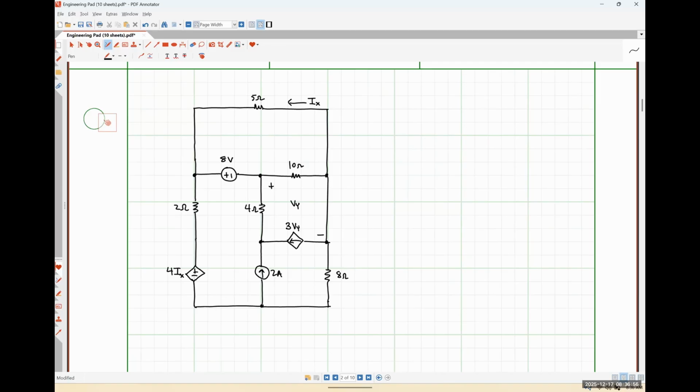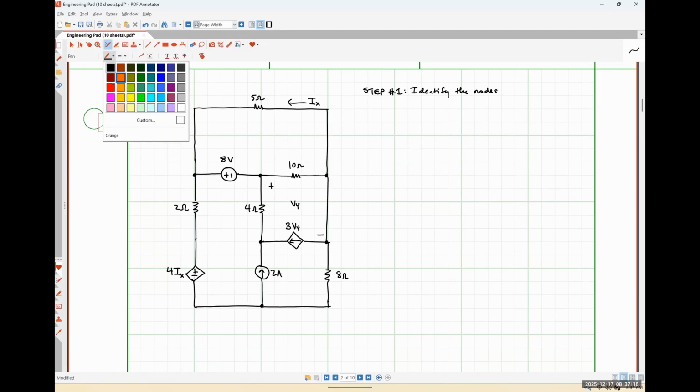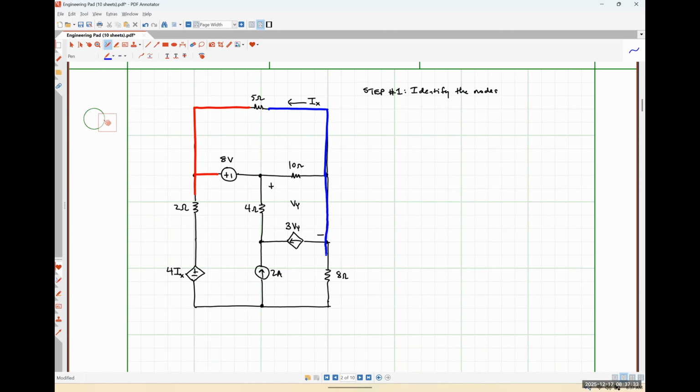Okay. So we're going to start off by doing everything exactly the same as we did in the previous example, okay? So our first step is going to be to identify our nodes. So we've got this guy here at the top left. This guy here, the top right.